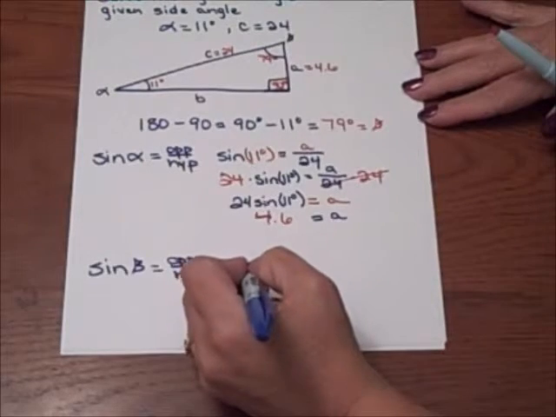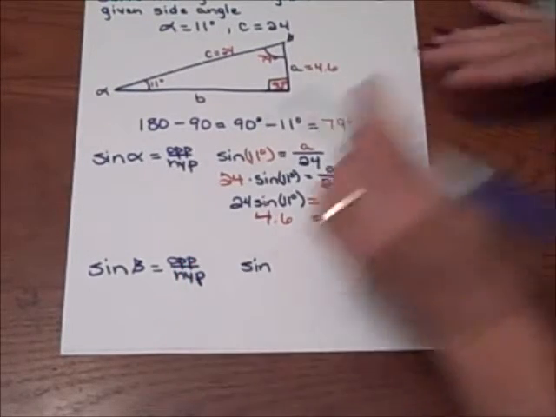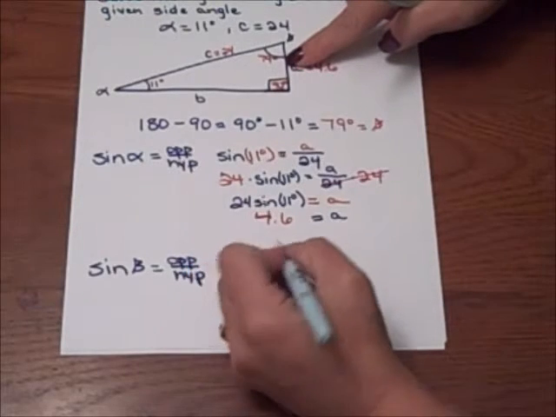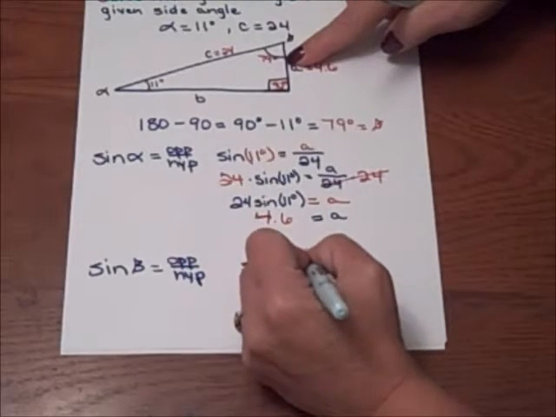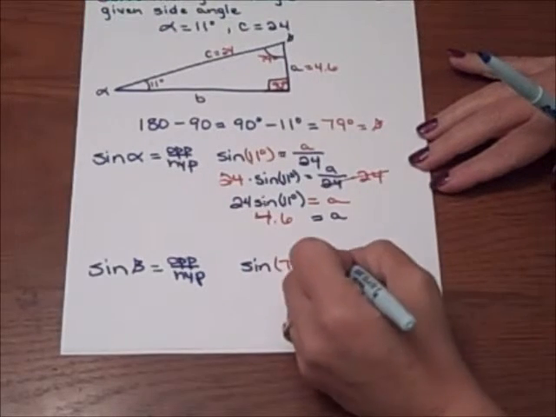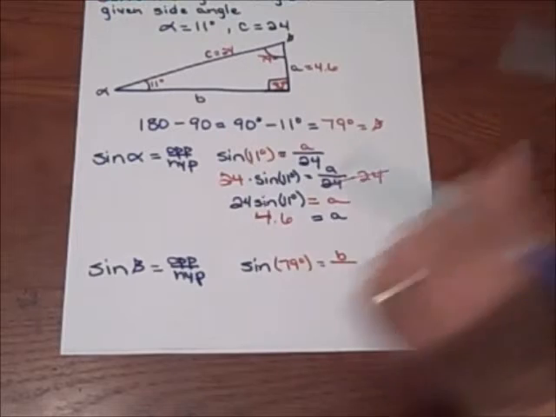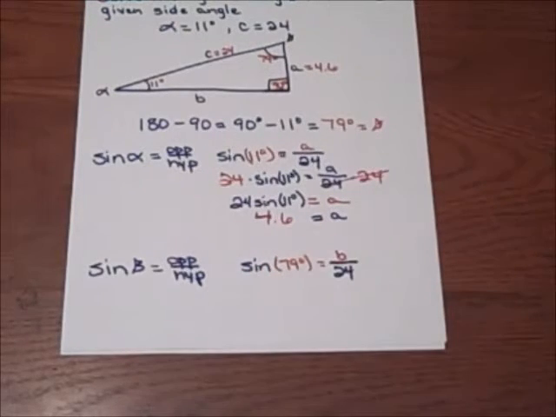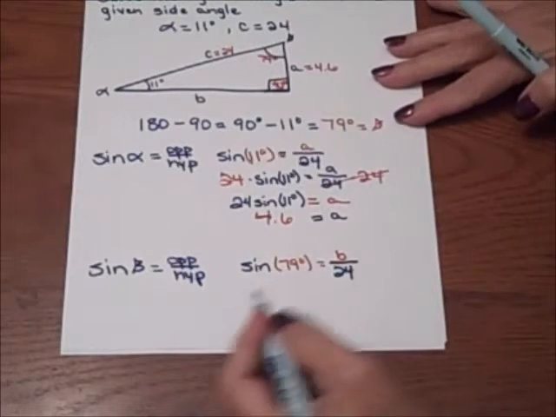Inserting what we know, sine of beta, of course, is 79 degrees. And this time we don't know B. And again, we do know that the hypotenuse is 24.